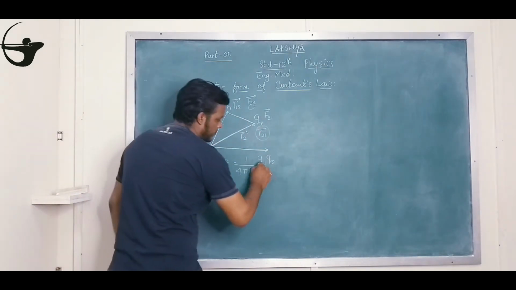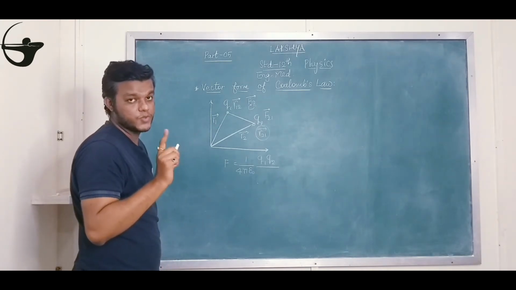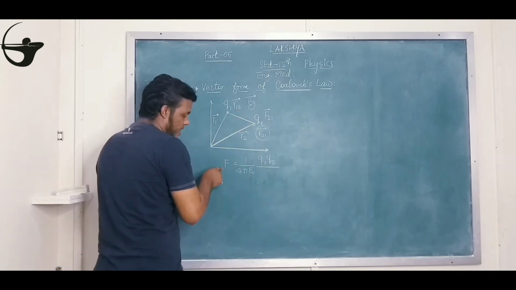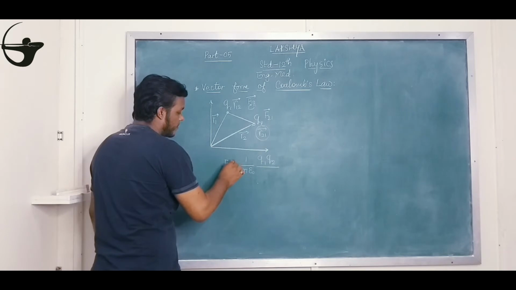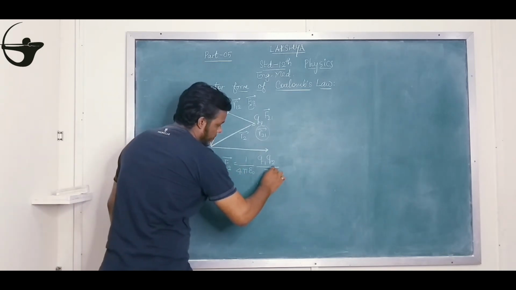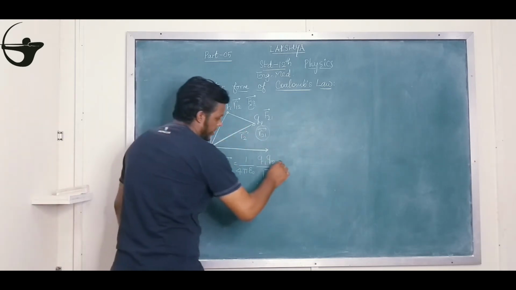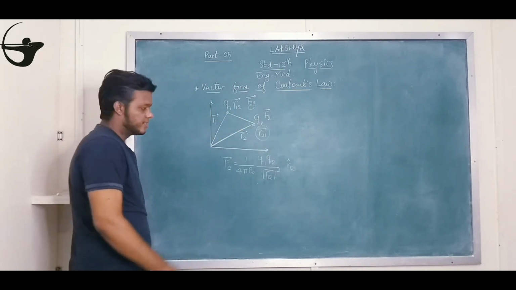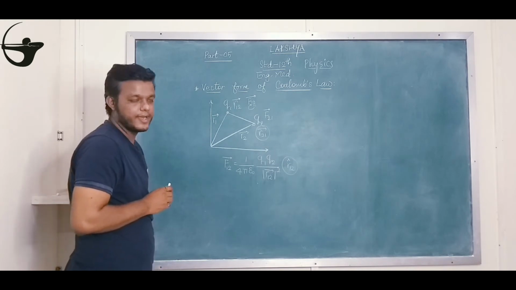In the denominator we have the square of the distance, which is mod of r12 bar. Now let's assume that I am calculating F12 bar in vector form. So it will be r12 bar upon mod of r12 bar square into r12 caret. This represents the direction of force.